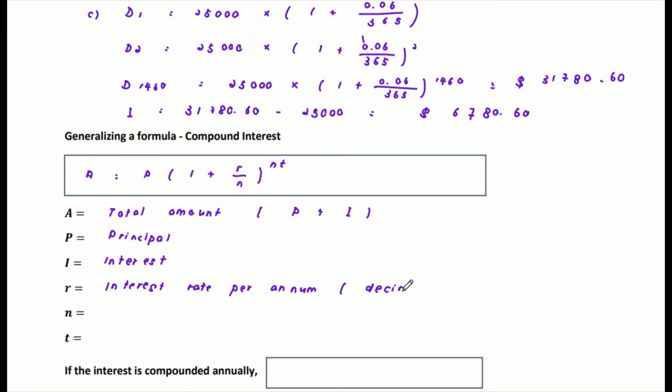Then the N is how many times that we are compounding it in a year, so the number of times compounding per year. Then our T here will be equal to the time in years.